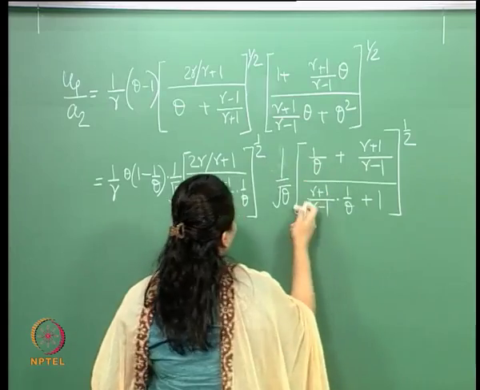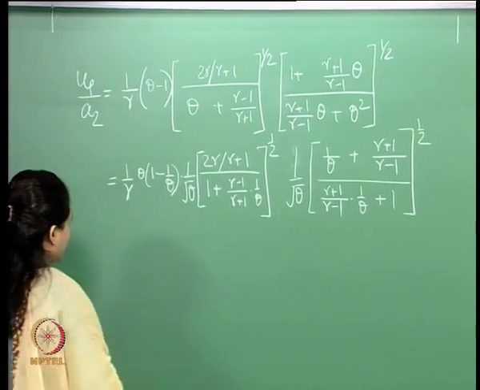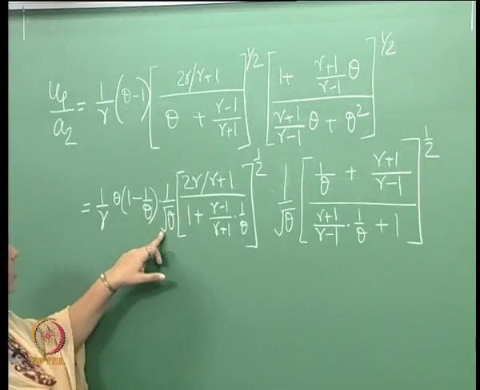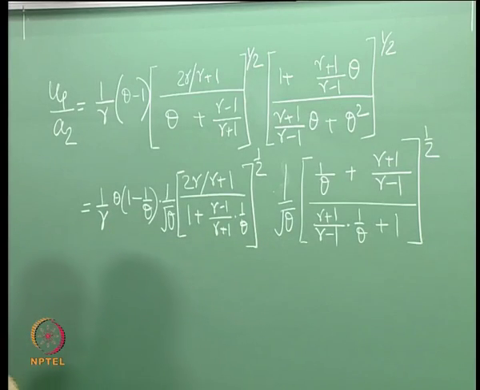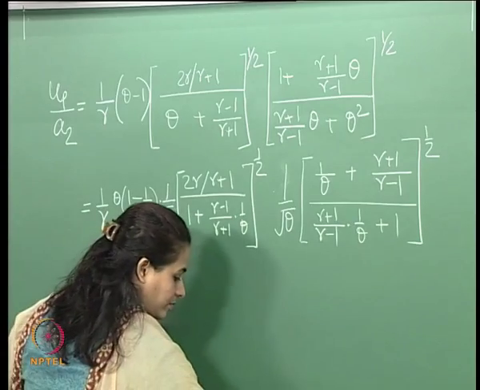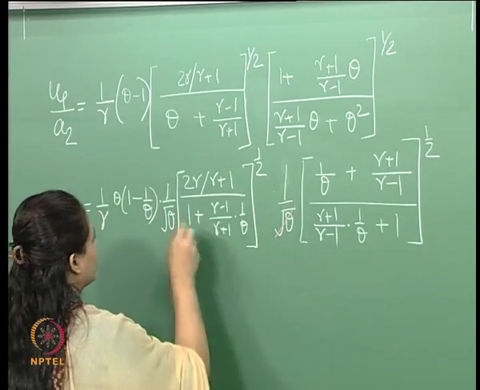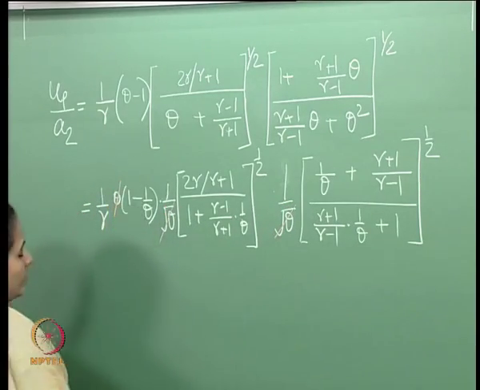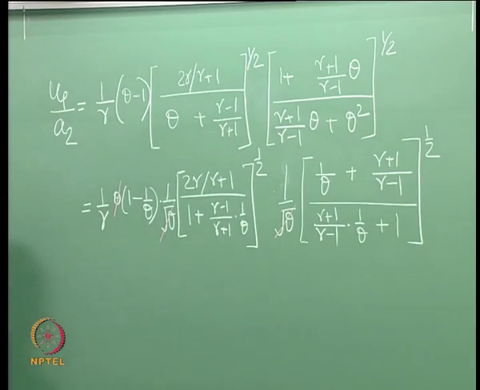So we get 1 by theta, so what we get out here is this. This root theta cancels with this, so let us just cancel that out. Now that we have this expression, let us look at this.